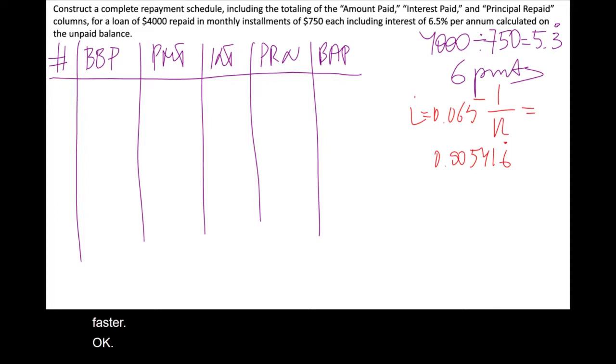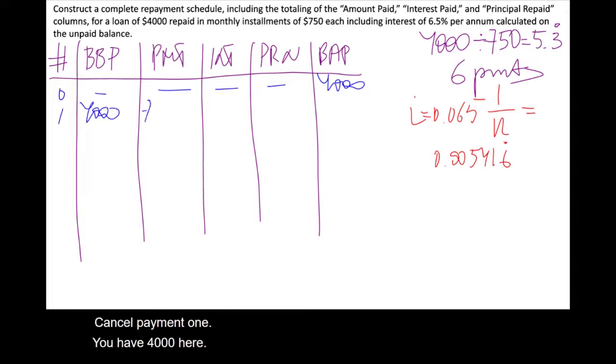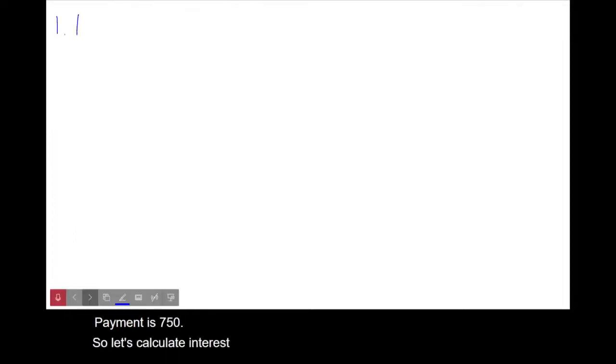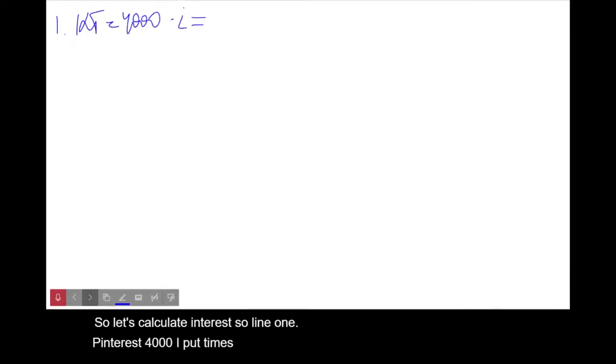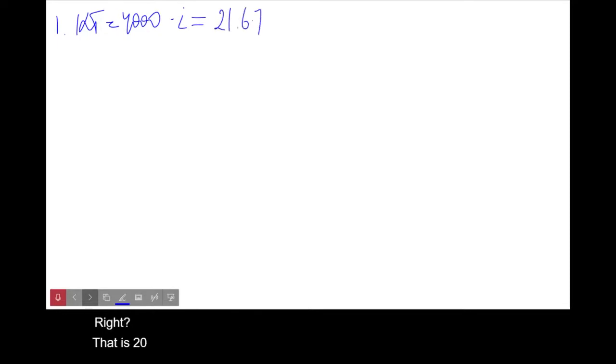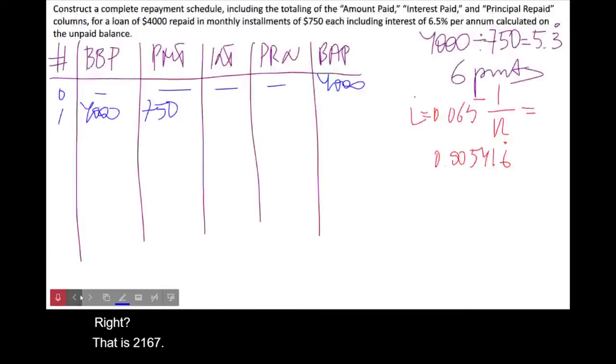Okay, so line 0, that's where we start. That is 4,000. So for payment 1, we have 4,000 here. Payment is 750. So let's calculate interest. Line 1, interest: 4,000 times I, right? That is 21.67. So I put 21.67 in the interest column.